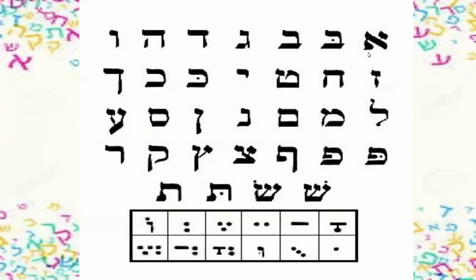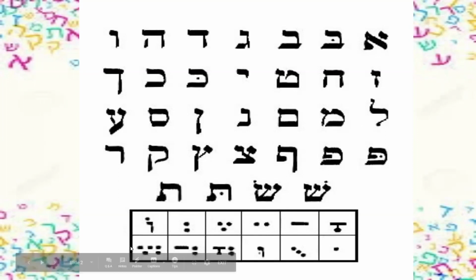This is the Aleph Beit. The first letters are Aleph, Beit, Gimel, Dalet, Hey, Waw, Zayin, Ket, Tet, Yod, Kaf, Kaf Sofit, Lamed, Mem, Mem Sofit, Nun, Nun Sofit, Samek, Ayin, Pe, Fe, Fe Sofit, Zadeh, Zadeh Sofit, Wuf, Resh, Shin, Sin, Tav.